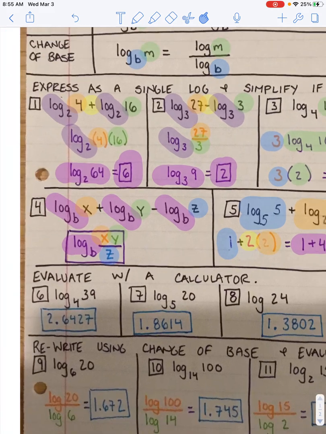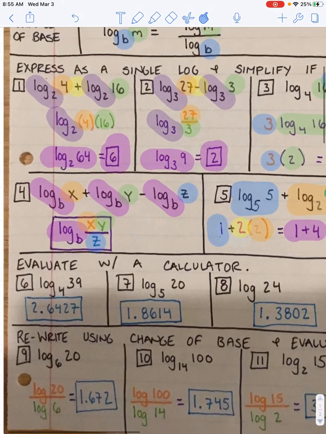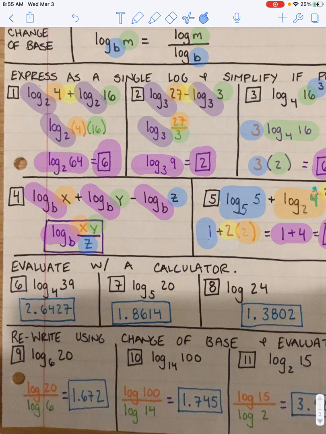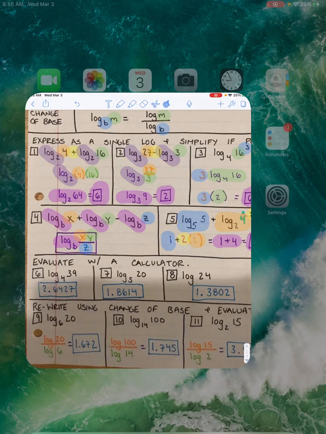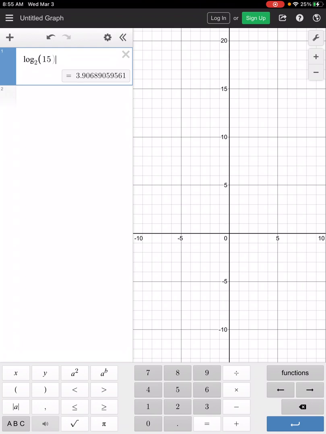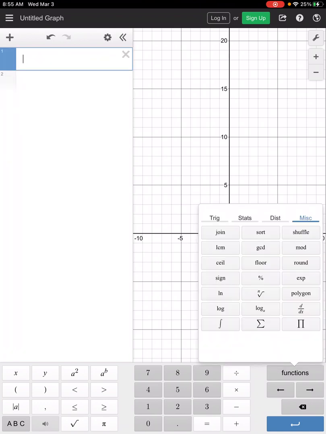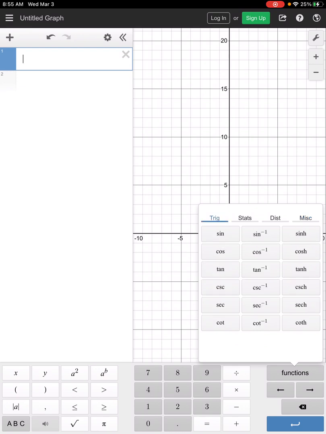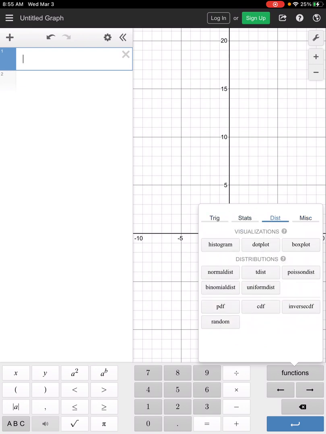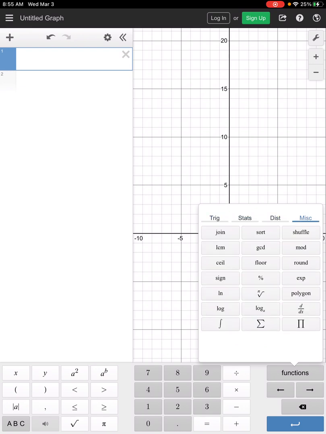Now for our next problems, we're going to go ahead and use a calculator. So we need to know how to plug this in on a calculator. So log base 4 of 39. So I'm going to go into Desmos. If we go over here to the right on the bottom, we see this functions bar. I'm not sure which one you'll be in: trig, stats, distribution, or miscellaneous. We want to be in miscellaneous.